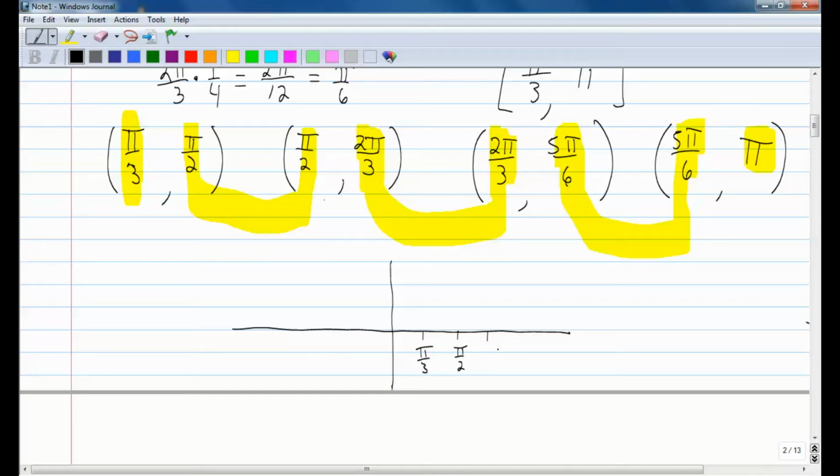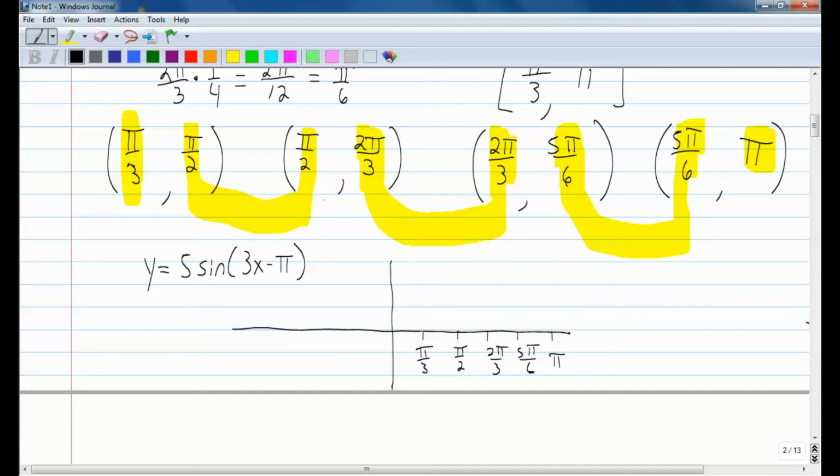The next significant point is 2 pi over 3. The next significant point is 5 pi over 6. And the last significant point is pi. Now, you need to recall the basic shape of the sine curve, because this is a graph for sine.